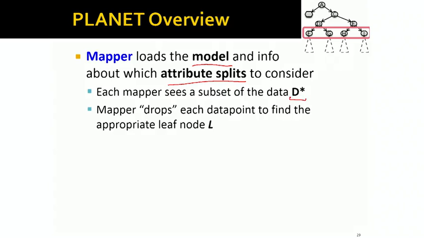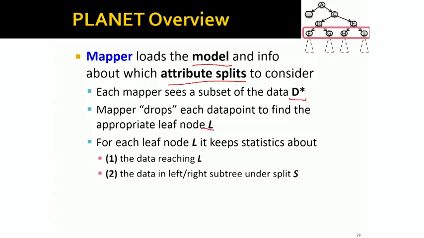The mapper drops each data point to the appropriate leaf node L. And for each leaf node L, it keeps the statistics about what is the data that reached L and what is the data that is in the left and right subtree under the given split, right? So the mapper sees a set of splits S, sees a subset of our data set, and then for each leaf node, it keeps track of which data goes to the left of the leaf node, and what data goes to the right of that given leaf node.